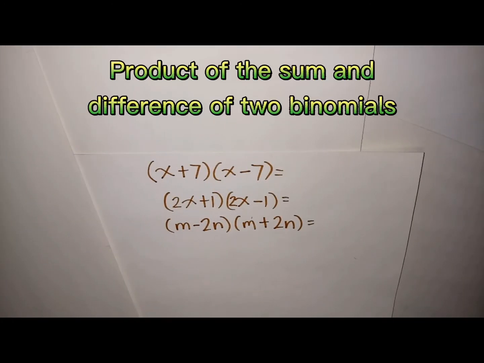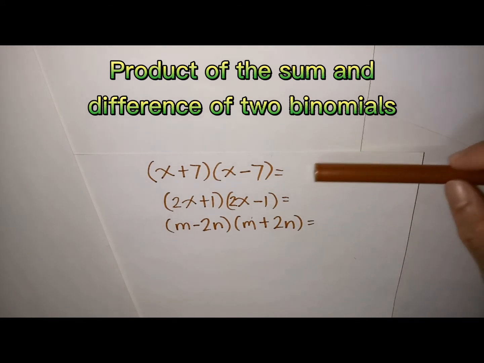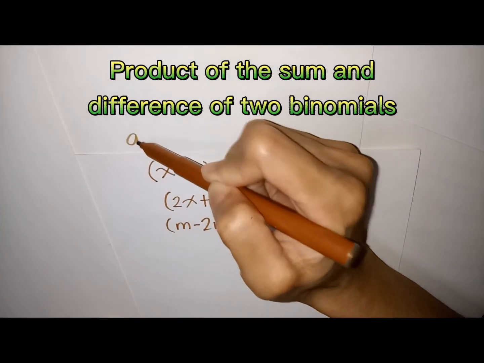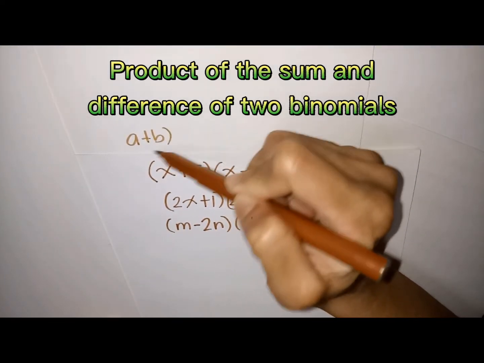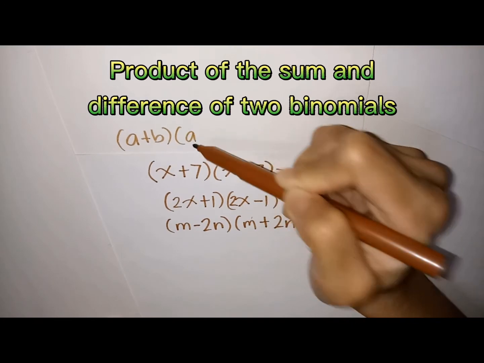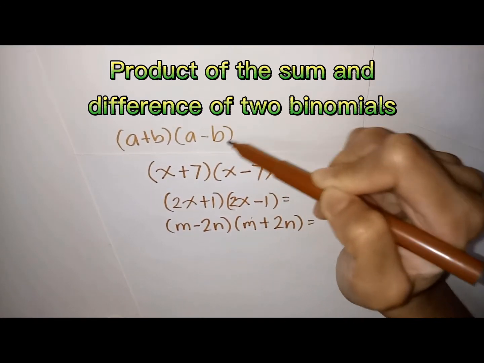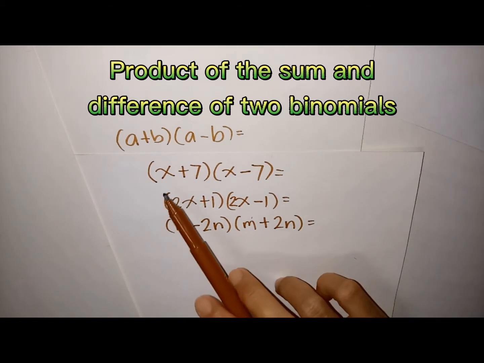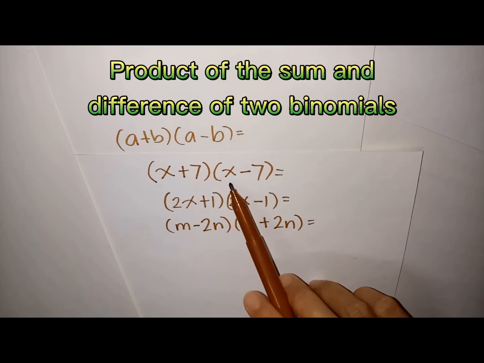I will give you an example. We have three examples, but let us proceed to the first example. First of all, check if the given is in the form a plus b times a minus b. The first term is the same, so we have x and x.